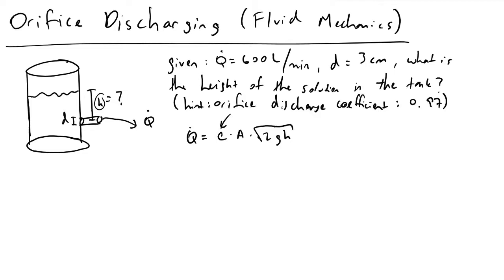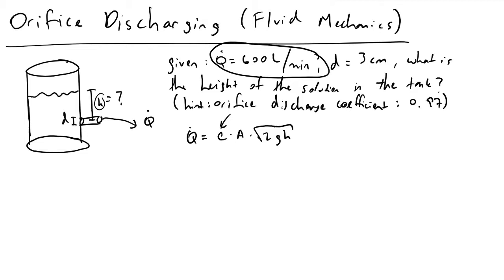And with that out of the way, the next very important thing you're going to need to keep track of when you're solving these types of problems is dimensions. The key with dimensions in chemical engineering in general is making sure you have everything in SI units and you use the same units for everything. Now, when we were given our volumetric flow rate for our orifice, we were told it has units of 600 liters per minute. First of all, we don't use liters in these types of problems.